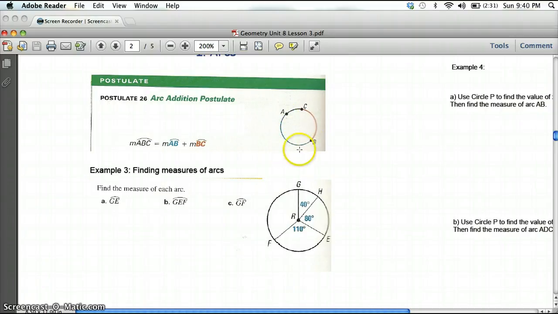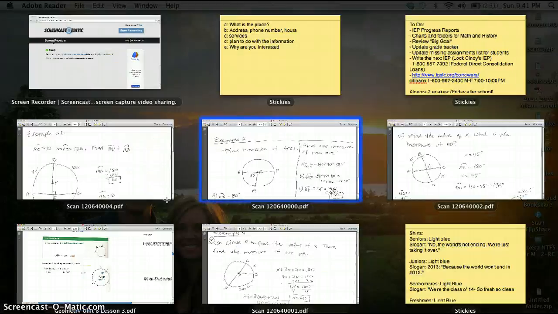So arc AB plus arc BC is going to equal arc ABC. Okay? So we can split up our circle, but they're all going to add up to equal 360 degrees, and they're all going to be different parts. So here it says find the measure of each arc.